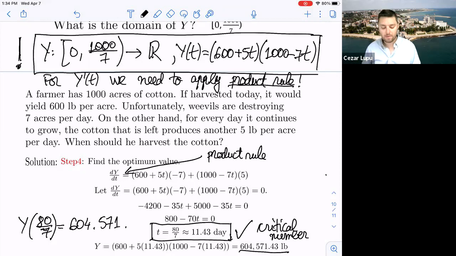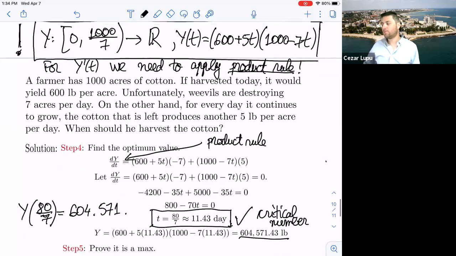And as step 5, we would like to prove that this is a max, right? How are we going to do this? In the same fashion. So we would like to see what happens for values of t less than 11.43. So maybe the derivative will be positive, right? So it's increasing. It goes all the way up to a point, and then it will start decreasing.